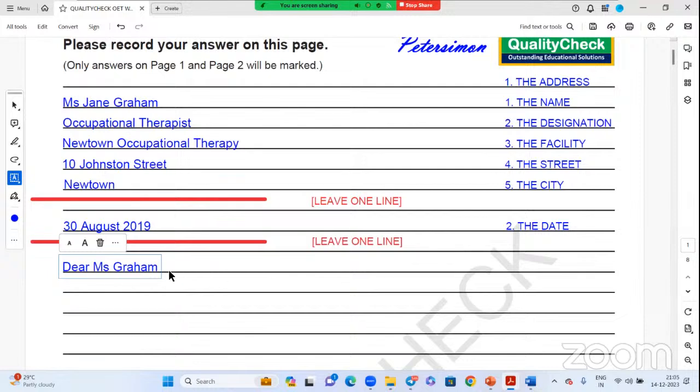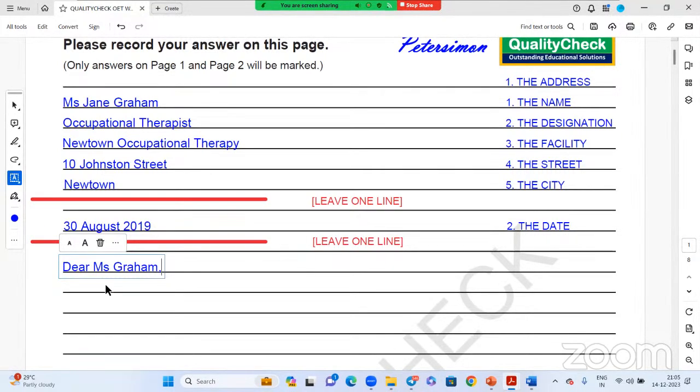And you say, comma. Right. Dear Miss Graham, comma.